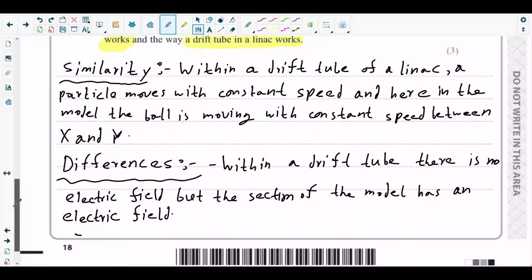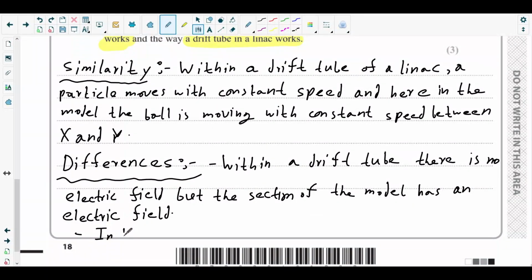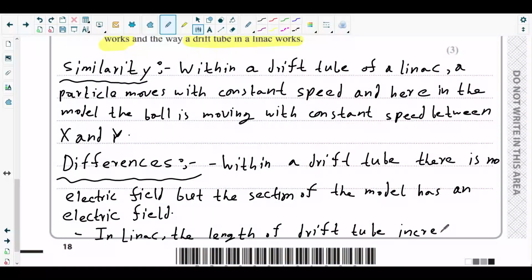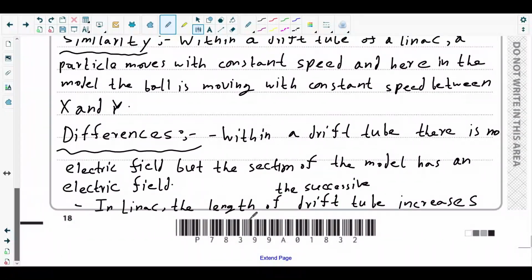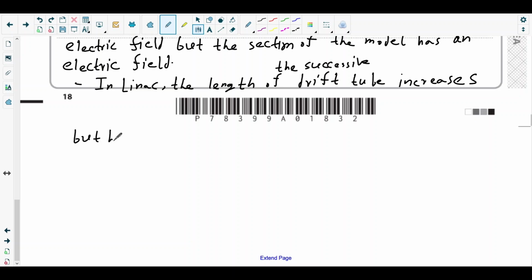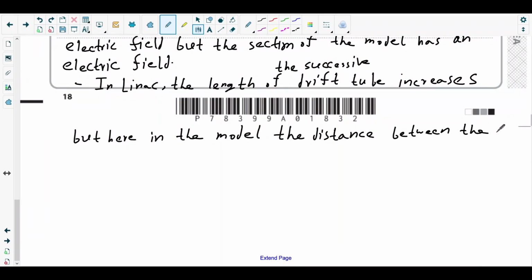So in Linac the length of the successive drift tubes increases, but here in the model the distance between the strips is constant.